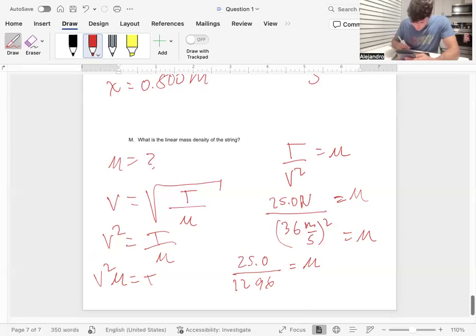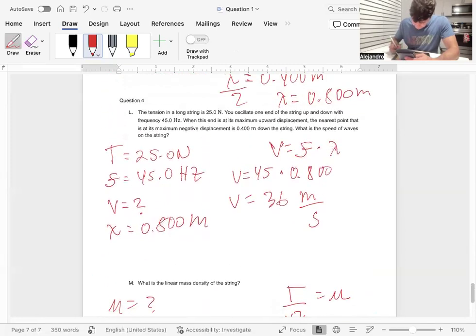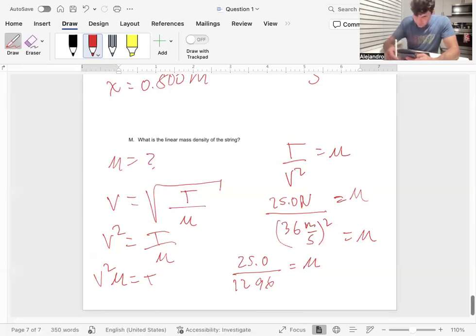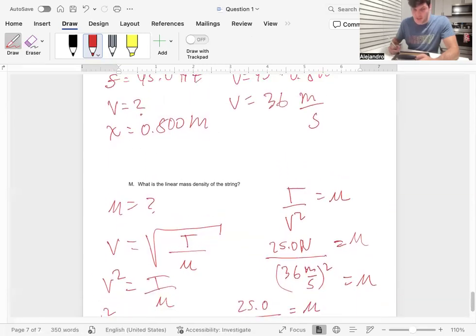Final answer will be, let me double check. Point zero, roughly, kilograms per meter. And that concludes my exam number 1.